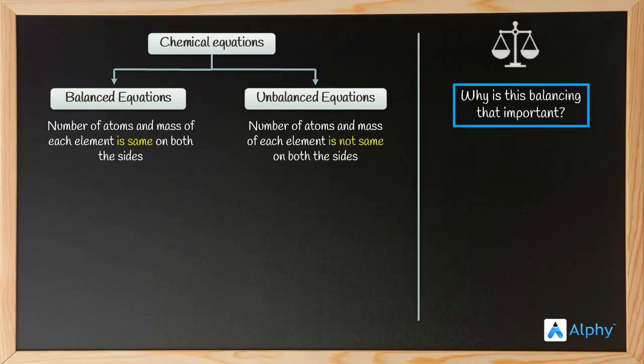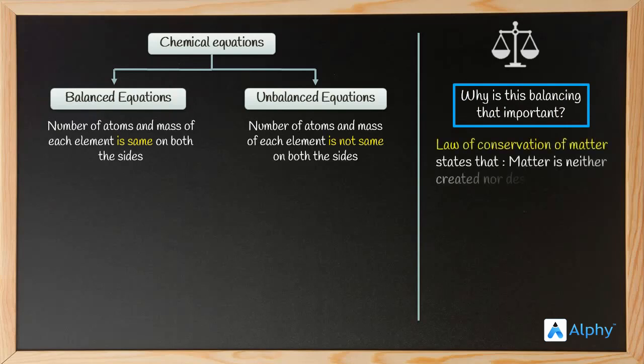But before going further, let's understand why this balancing is so important. Why do the number of atoms of every element have to be the same on both the sides? What if they aren't the same? This is explained by the law of conservation of matter, which states that matter is neither created nor destroyed.